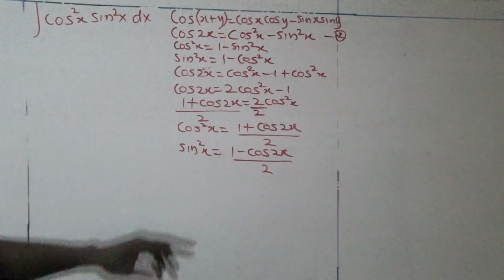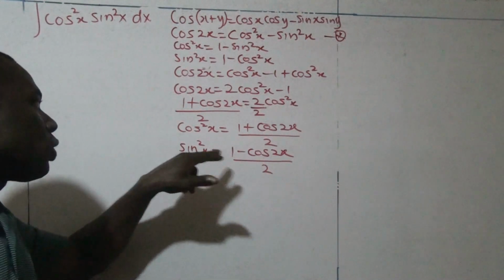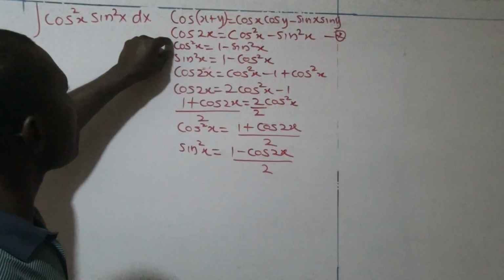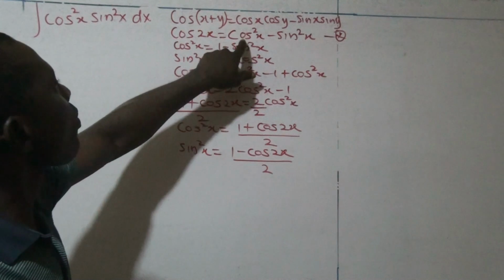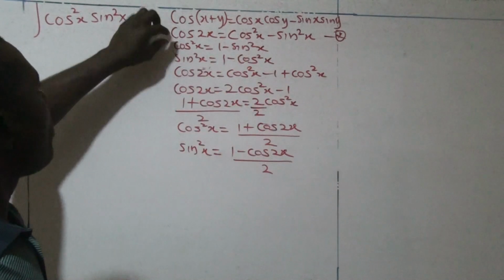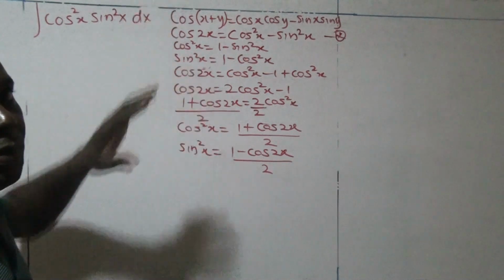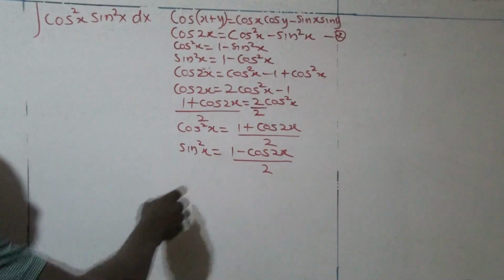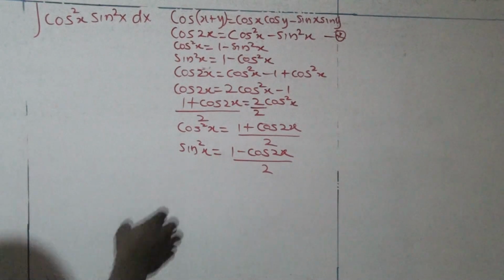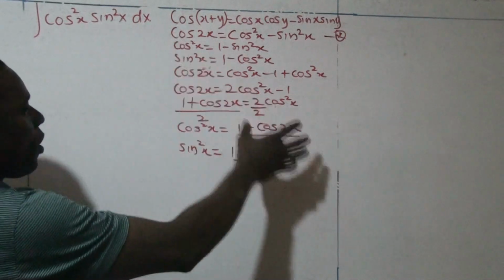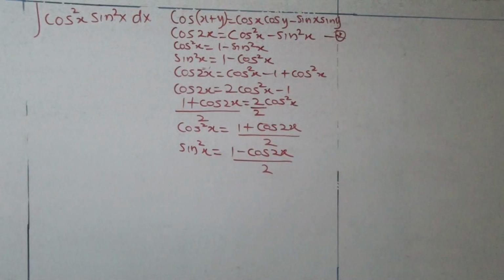So this is the expression for sine squared x. By the time you handle the algebra, this will be the expression for it. So we're going to substitute in place of cos squared x and sine squared x the expressions we have obtained from these two expressions here.